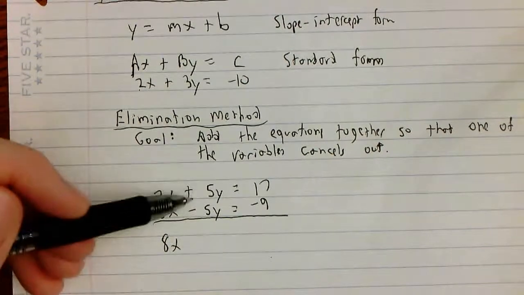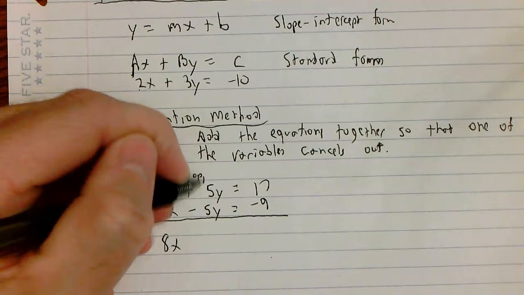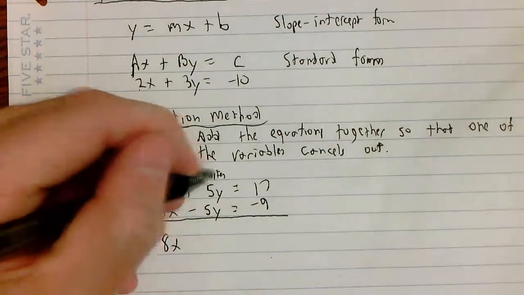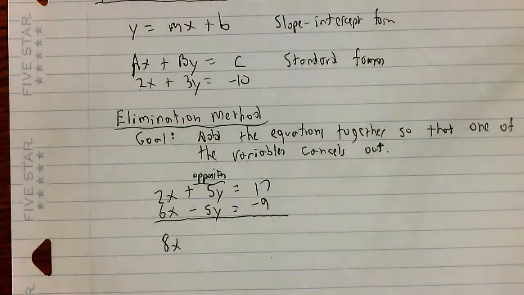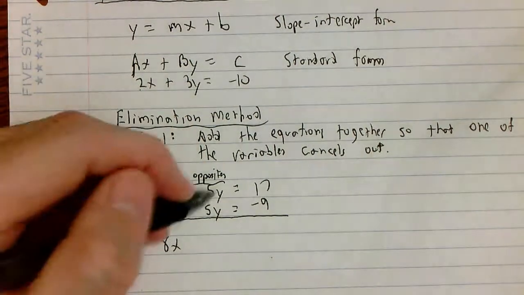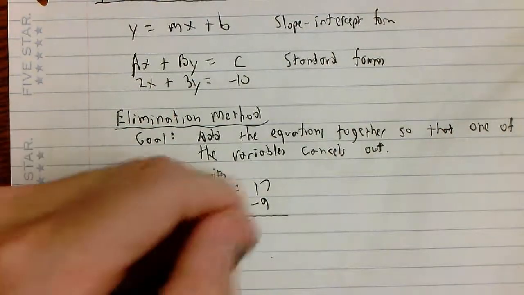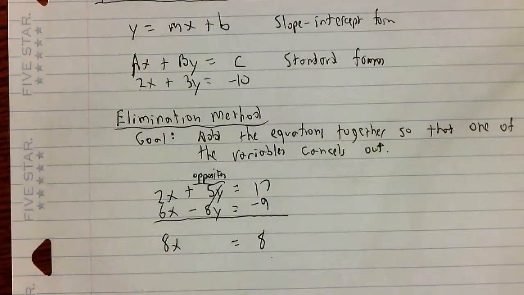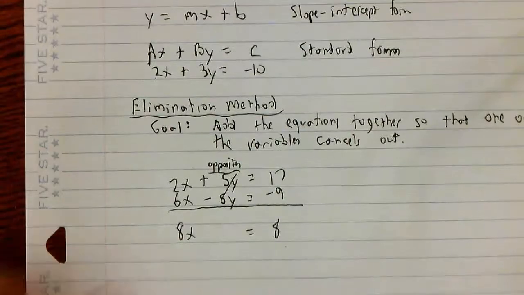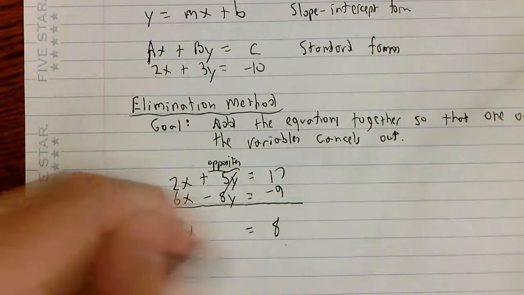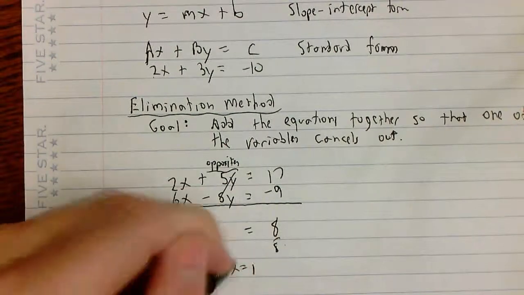But look at the y's. The y's are opposites of each other, and when you add opposites together, they just cancel out. They'd be 0 times y, or just 0. And this would equal 8. I end up with 8x equals 8, and we all know how to solve that immediately in our head. We divide by 8 and get x equals 1.